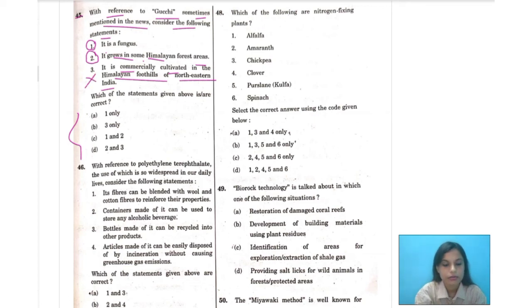First of all, let me tell you, Gucci is a mushroom. It's a species of fungus in the family Morchellaceae of the Ascomycota. Over here, your correct answer would be number C, which includes both 1 and 2. So, what is this Gucci all about?